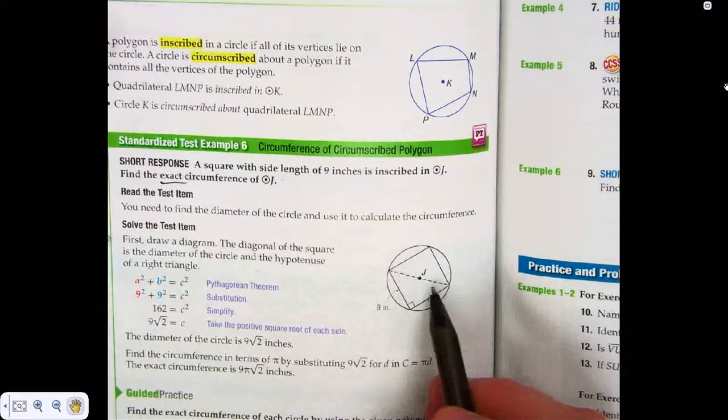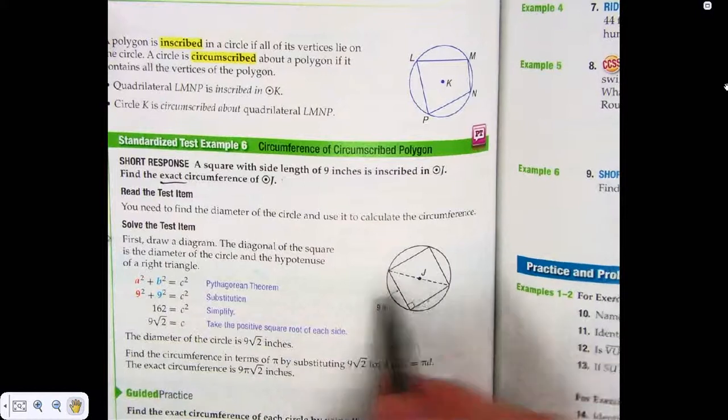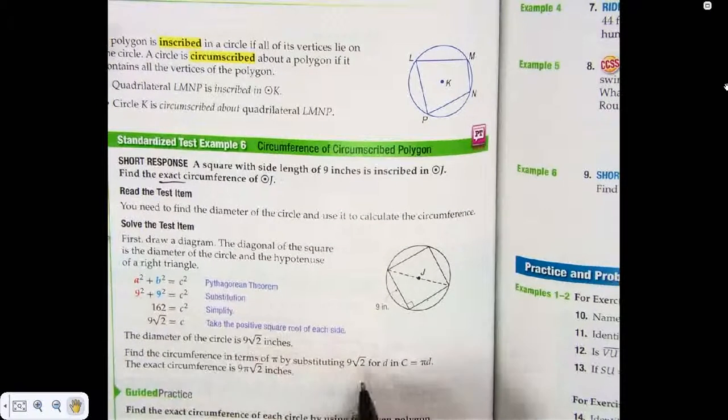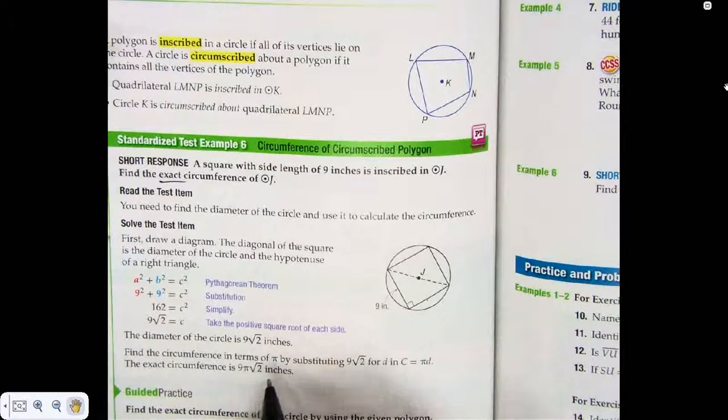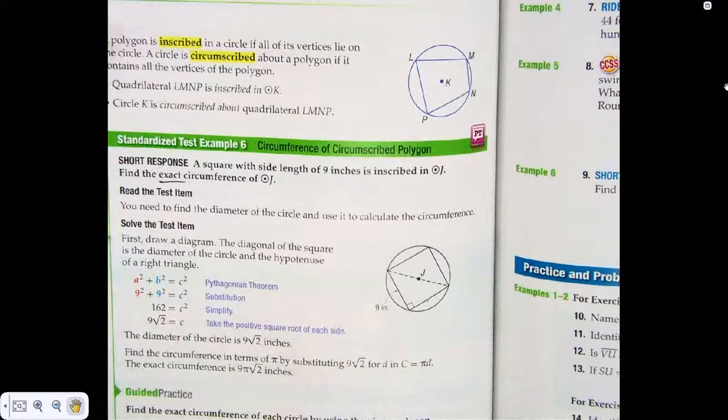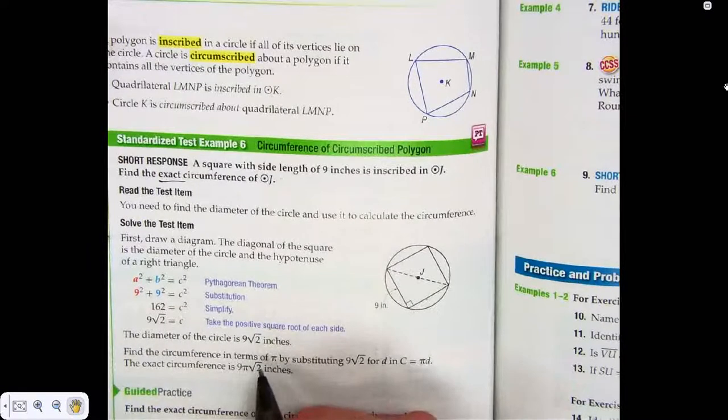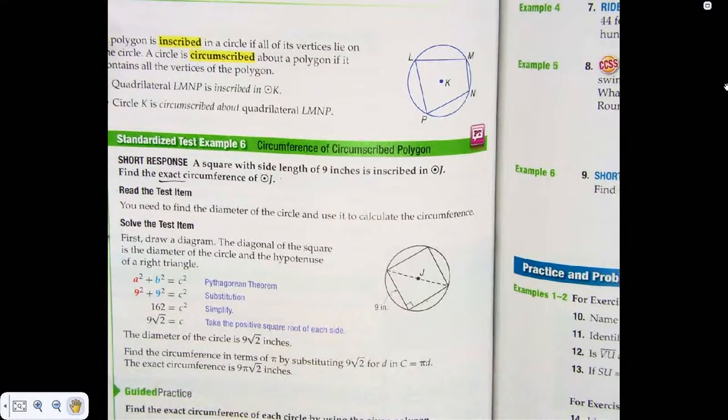Well, then what is the circumference? It's 9 square roots of 2 times what? Pi, so your answer is 9 pi square roots of 2. Remember, you could never put anything behind the square root, because then you'll get confused. Is it under the square root, or is it not under the square root? That's why this pi came to the front. Okay?